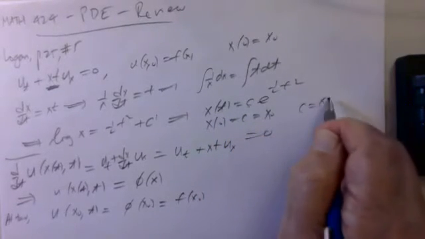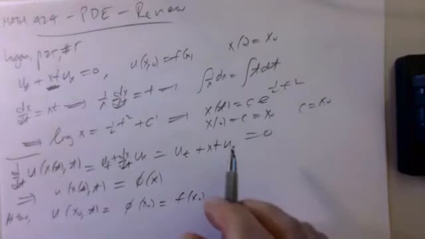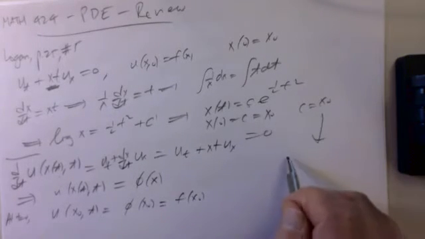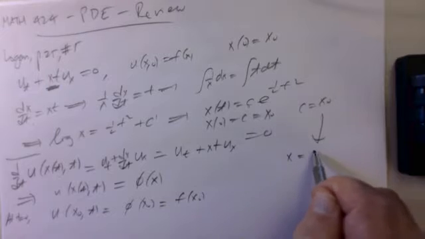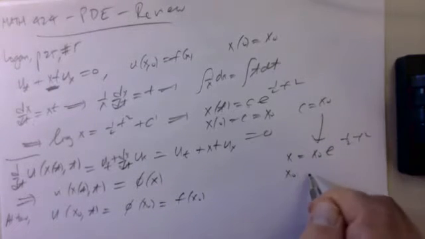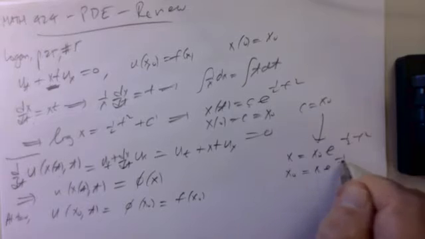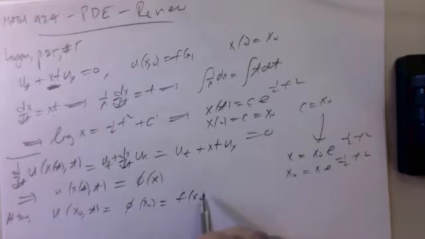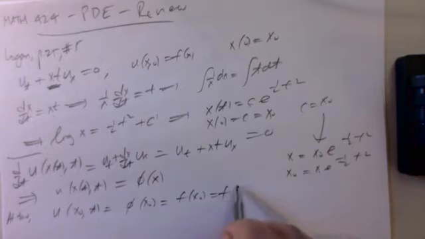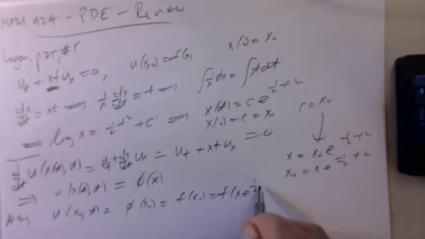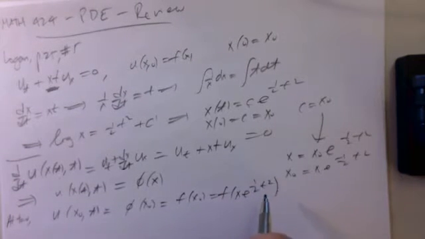So c is equal to x naught. So we have x is x naught e to the half t squared. So x naught is x e to the minus a half t squared.